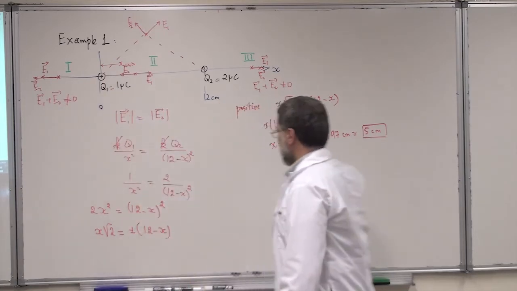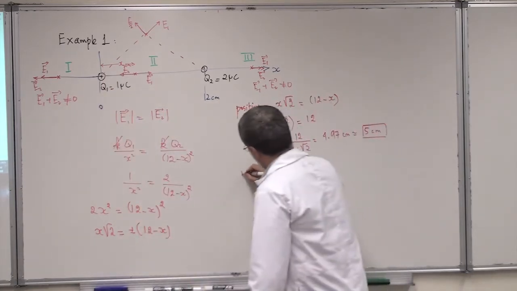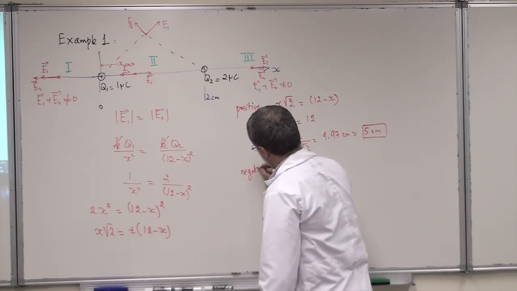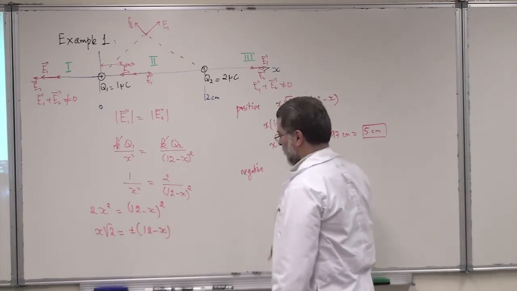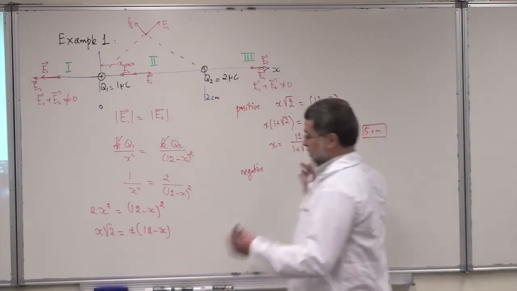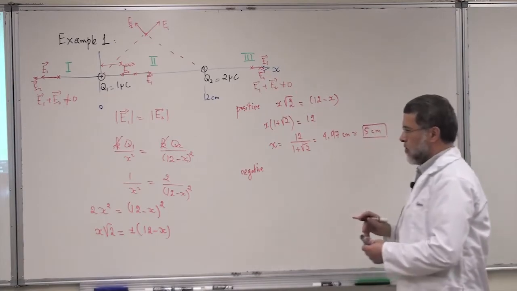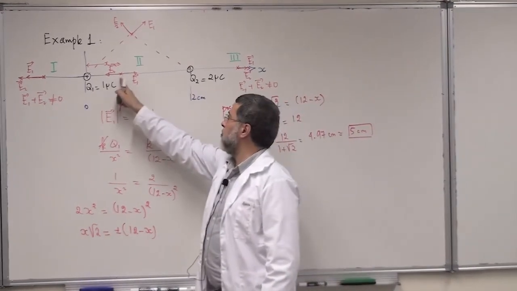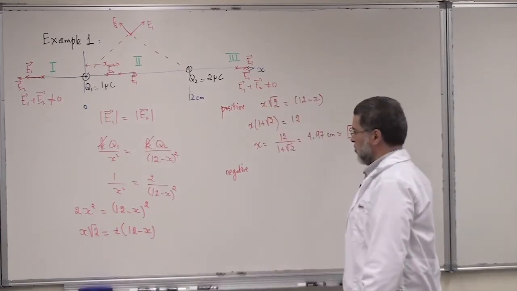Q1 charge. The other solution, the negative solution, if you take the negative sign, of course it will not give you the correct solution because the point will be outside. Mathematically, you then have to use the physical solution, which is correct, which is the point will be inside, between the charges.